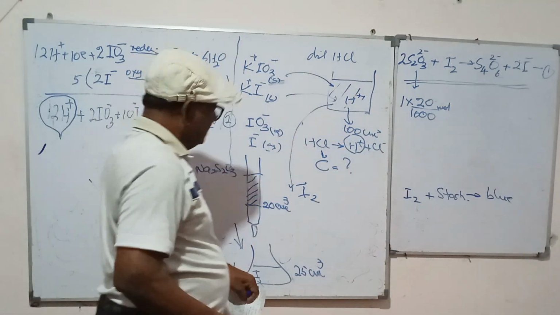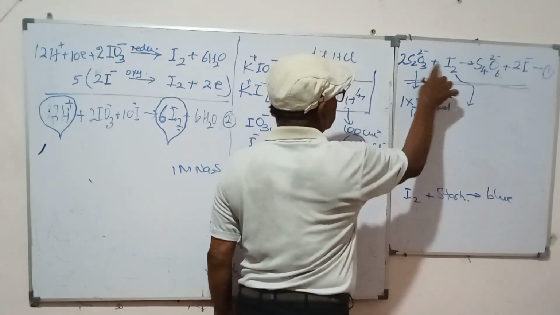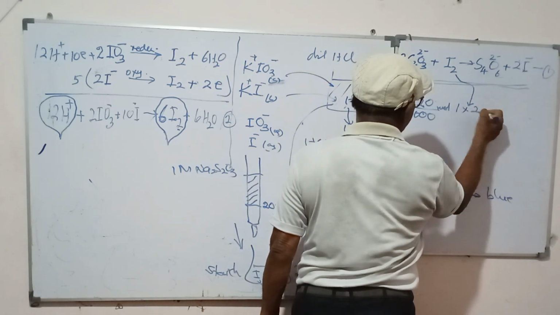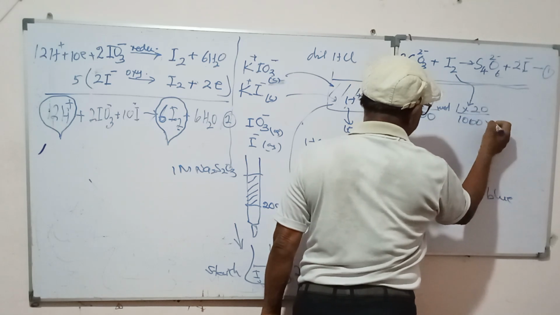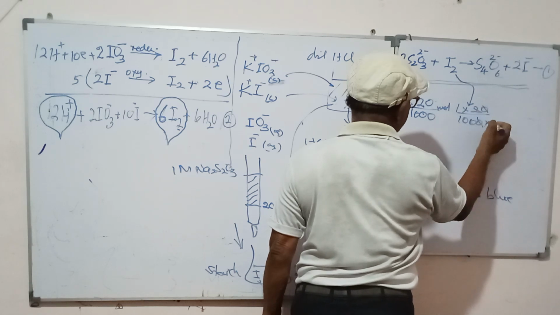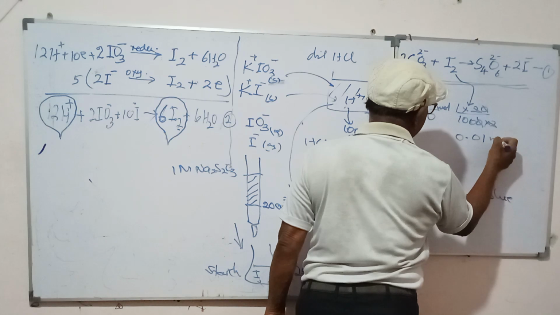Then the number of moles of I2 should be 2:1, half of this. 1 into 20 divided by 1000 into 2. 0, 0 cancelling, 2, 2 cancelling, 0.01 mole.